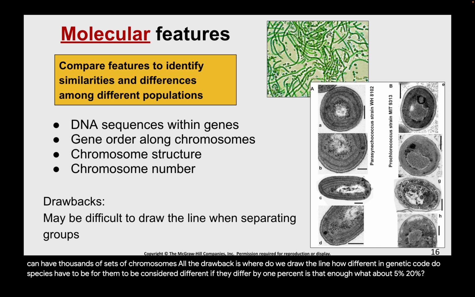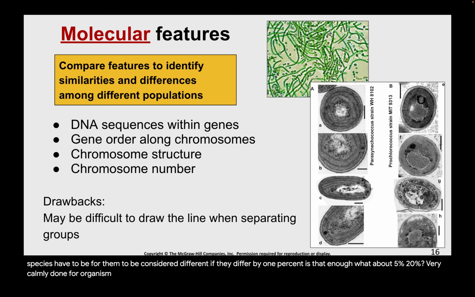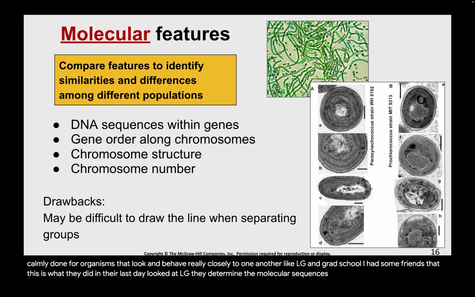It's very difficult to tell sometimes. And like I said, this is very commonly done for organisms that look and behave really closely to one another, like algae. In grad school, I had some friends, and this is what they did in their lab. They looked at algae, they determined the molecular sequences, and they identified new species simply based on the genetic code.